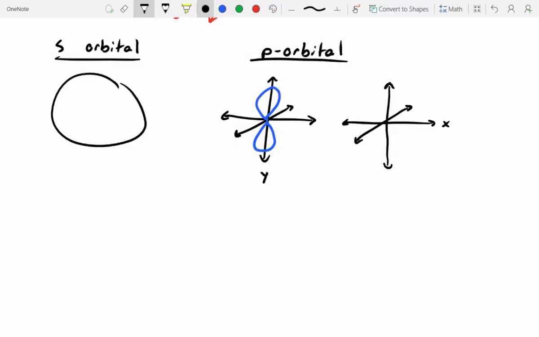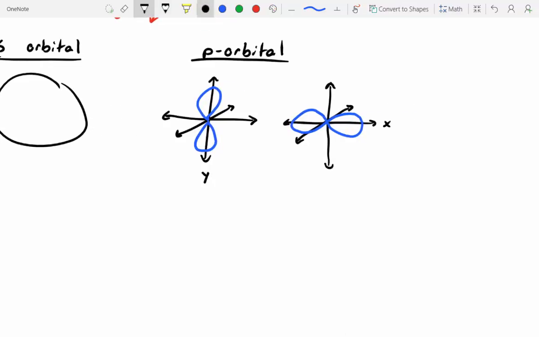So we'll do the x-axis over here. The node's always going to be in the center there. And then last but not least, we've got our z-axis. So we have 3 different types of p orbitals, or 3 different orientations for them. And it's important to remember that because each one of these p orbitals can hold 2 electrons. So the p set can hold a grand total of 6 possible electrons, right?